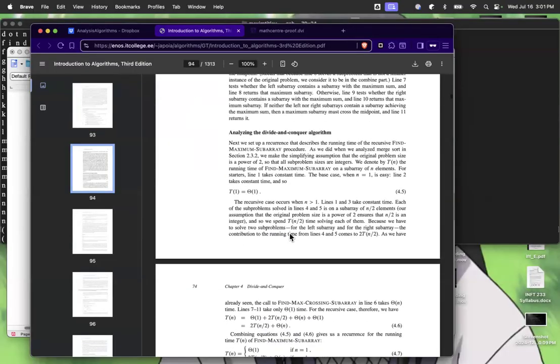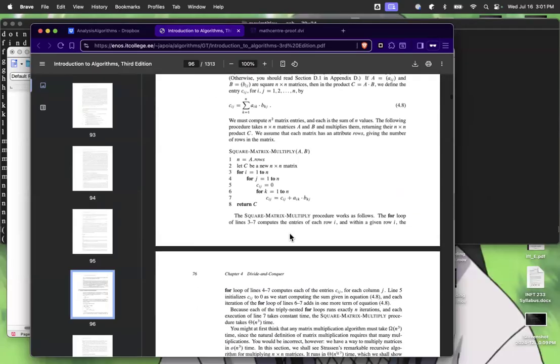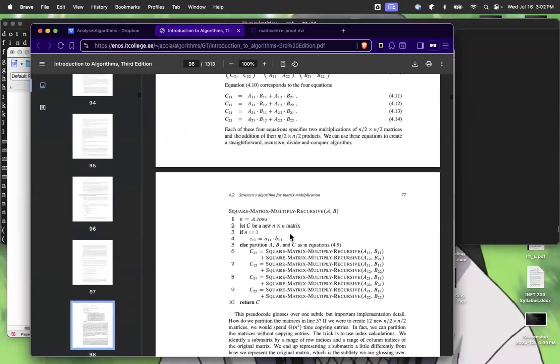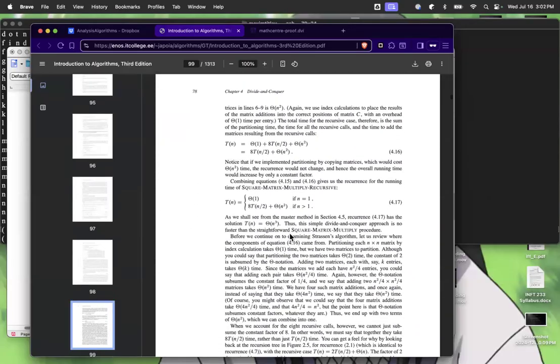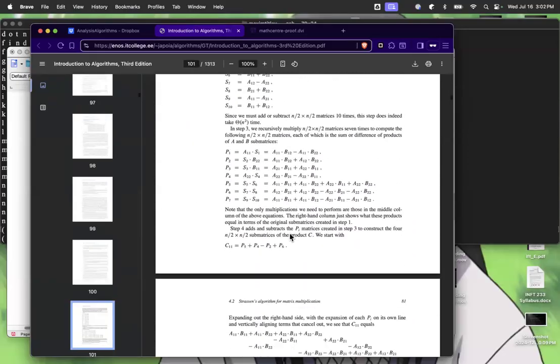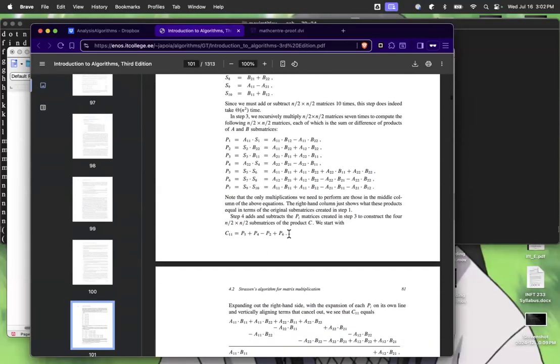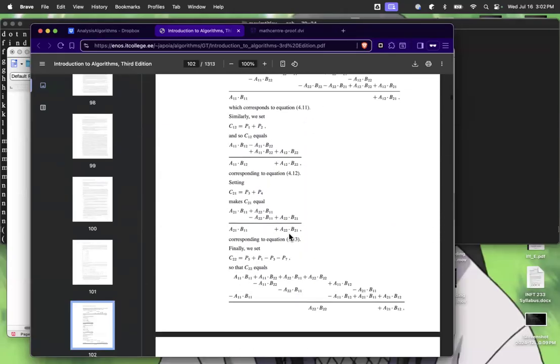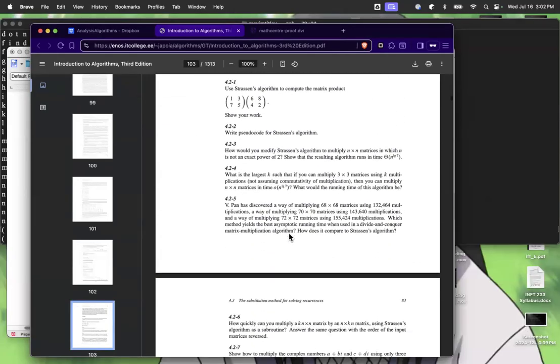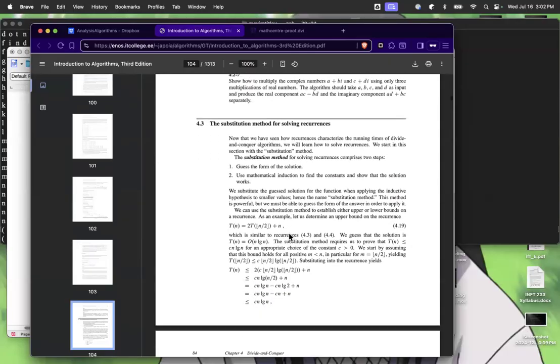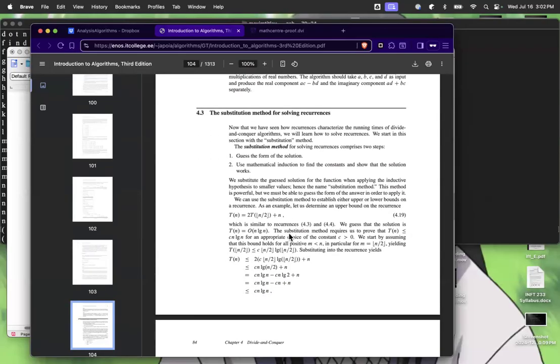So now the substitution method does the following. Basically, it's just algebraic largely. The substitution method for solving recurrences comprises two steps. The first is to guess the form of the solution, and the second is to use mathematical induction to find the constants and show the solution works.